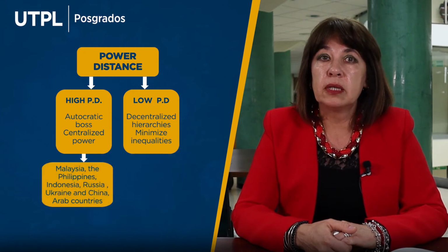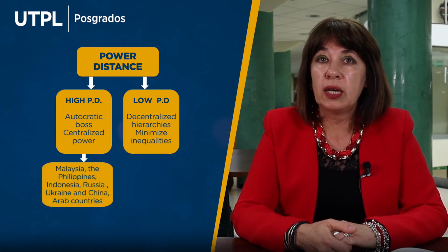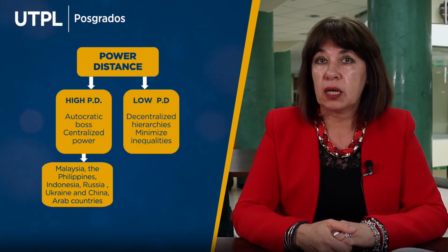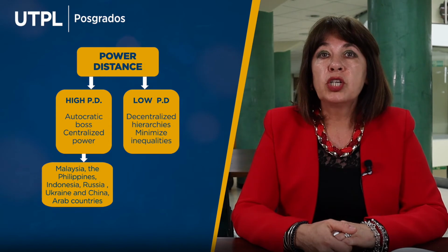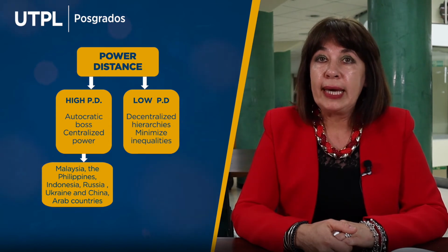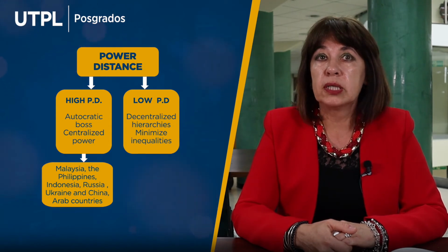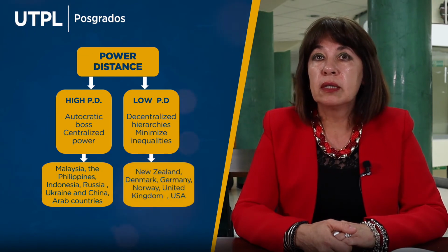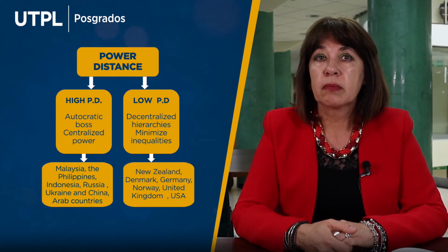Malaysia, the Philippines, Indonesia, Russia, Ukraine, China, and Arab countries are examples of high power distance countries. In cultures with low power distance, hierarchies are not important and social inequalities are minimized. New Zealand, Denmark, Germany, Norway, United Kingdom, USA have low power distance.